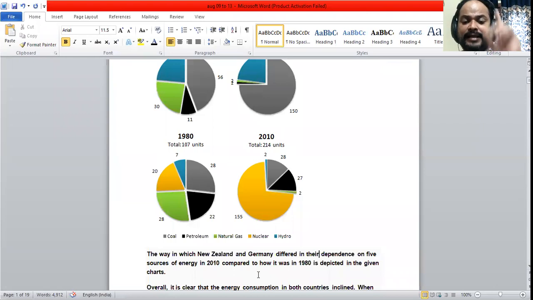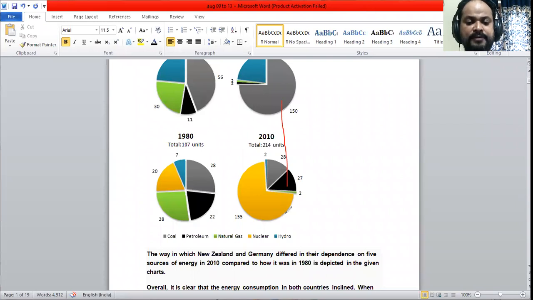So what is the picture in 2010? It's very clear. This is the picture in 2010 in both Germany and New Zealand. Compared to how it was in 1980, this is the thing. So it is very clear how these countries depended on 5 different sources of energy.